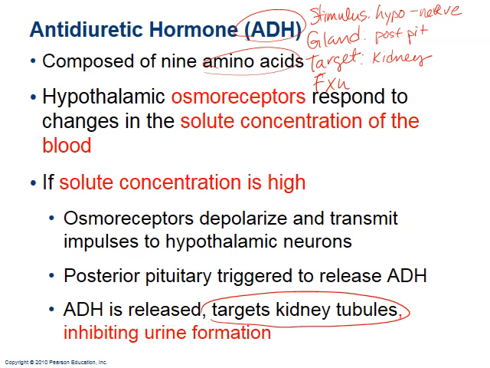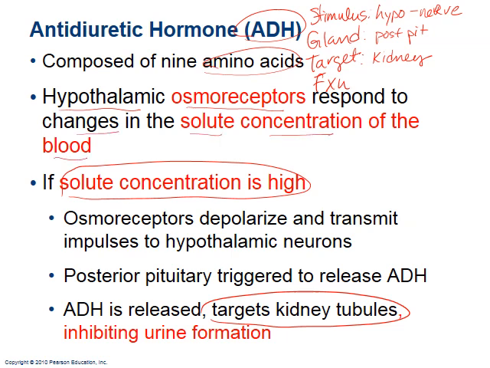ADH is released if your solute concentration is too high. Hypothalamic osmoreceptors respond to changes in the solute concentration of the blood. So what does the hypothalamus nerve do?